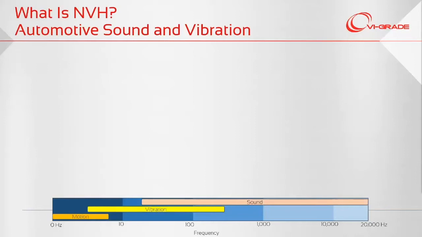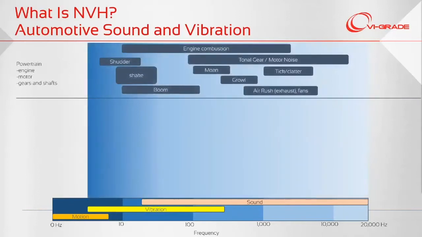And just to take a step back for anybody on the call today that might not be super familiar with NVH: NVH is simply automotive sound and vibration. It covers the frequency range basically from about 5 hertz up to 20 kilohertz, in anything that's vibration or sound.